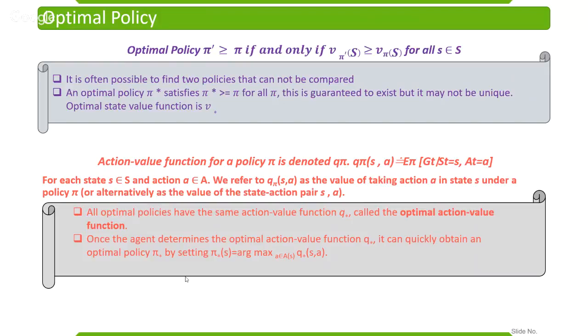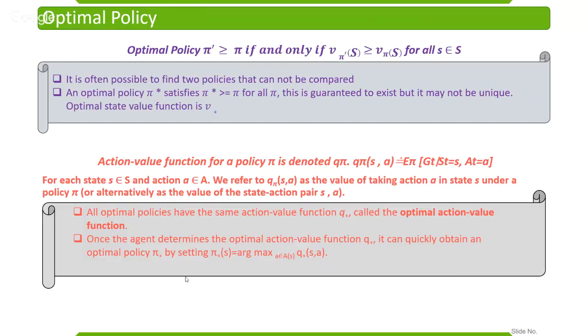So one optimal policy can be different from another optimal policy. And the optimal state value function is denoted by V star. Although in this case also, the expected value function that we calculate depends on the policy entirely, it's along the same lines, so we denote it by V star.